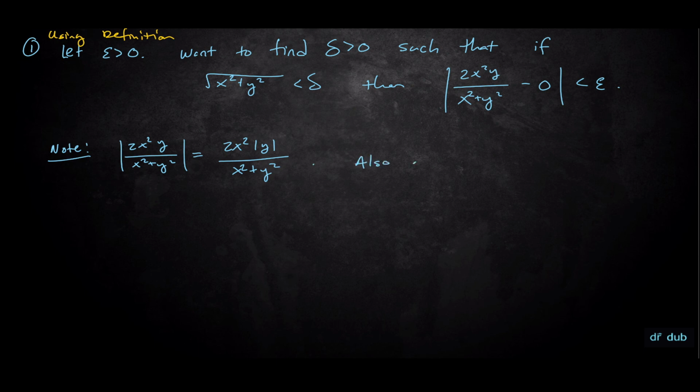Also, note that x squared is less than or equal to x squared plus y squared, which would imply that x squared over x squared plus y squared is less than or equal to 1.